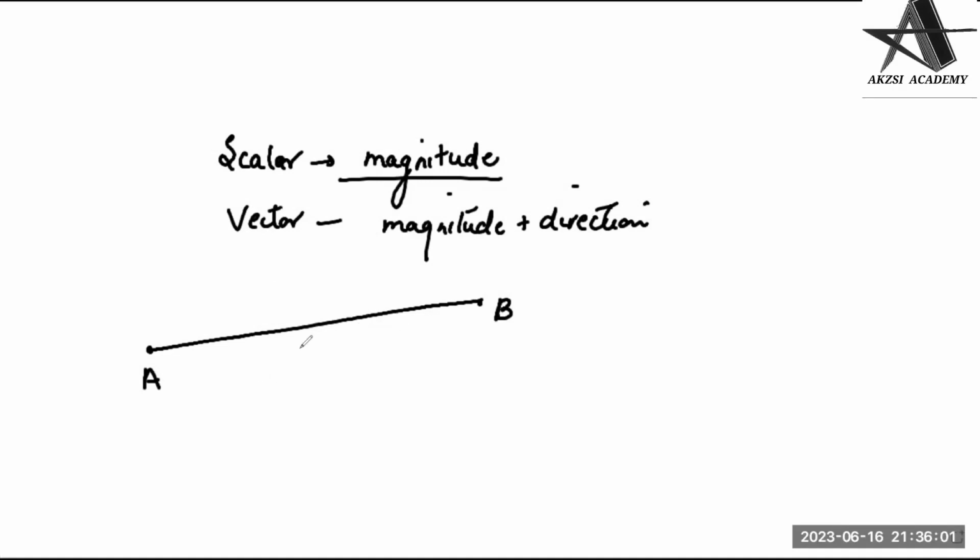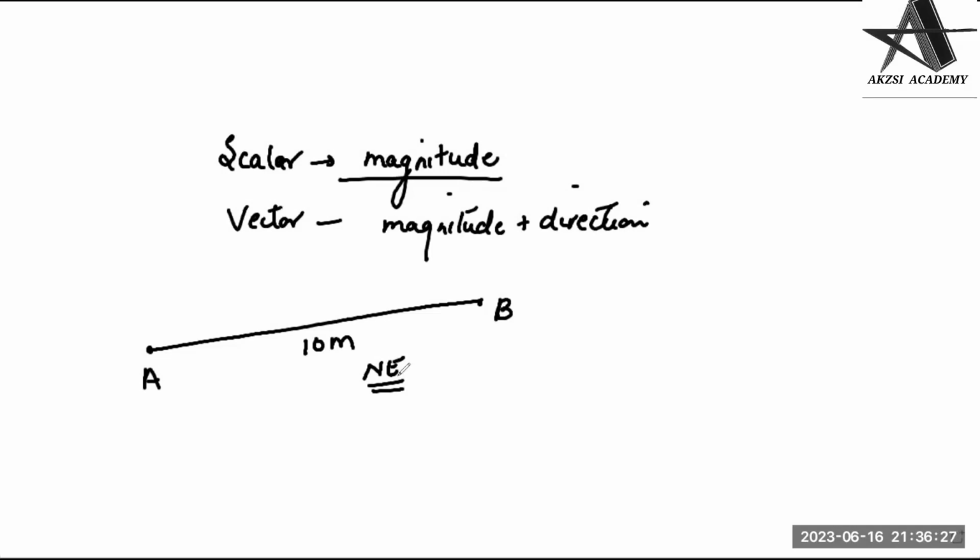Here in displacement, I can say that I have displaced myself 10 meters, and in which direction? It will be northeast direction. Here, I can easily specify my direction. And that's why displacement, velocity, acceleration, all these quantities are called vector quantities, where magnitude and direction both can be specified.